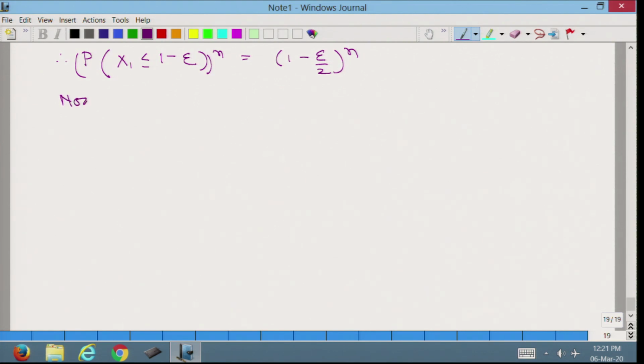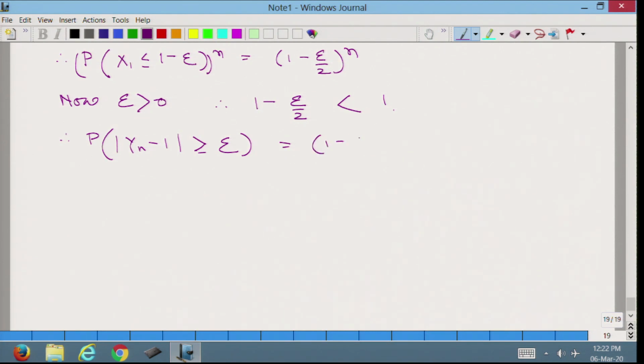Now, ε is greater than 0, therefore 1 − ε/2 is strictly less than 1. Therefore, probability |Yn − 1| ≥ ε, which is equal to (1 − ε/2)^n, converges to 0 as n goes to infinity.